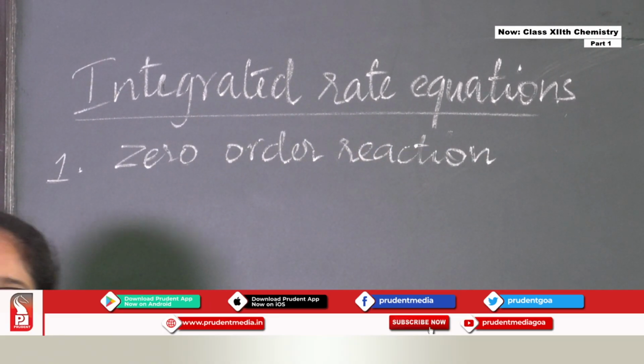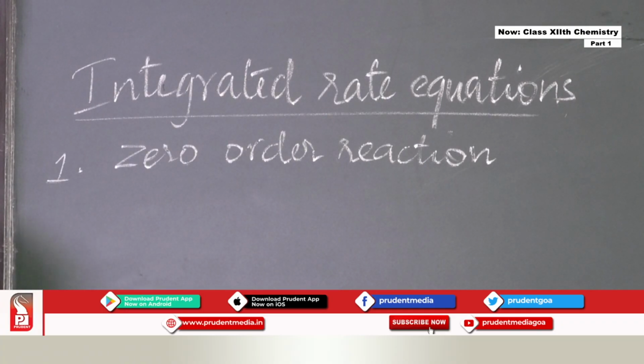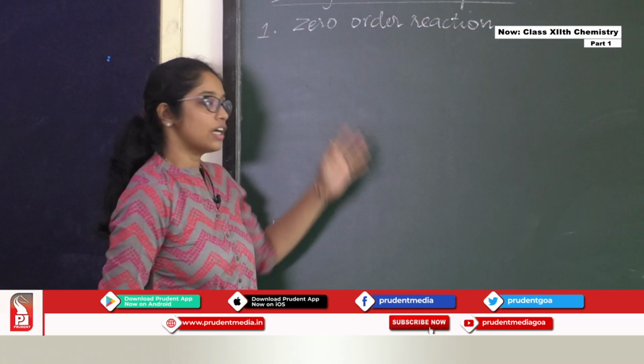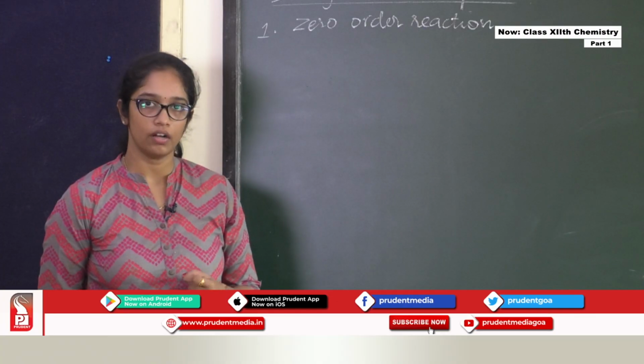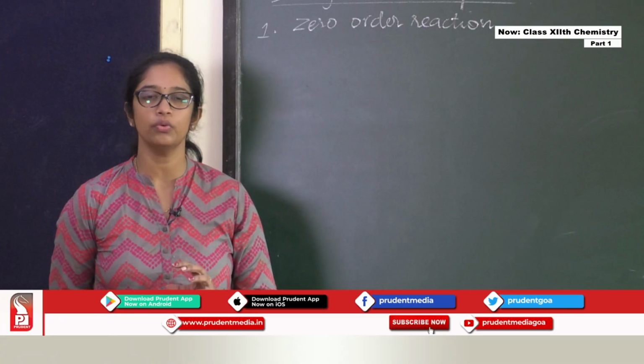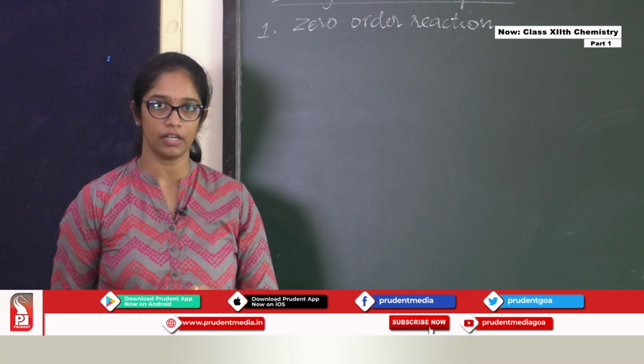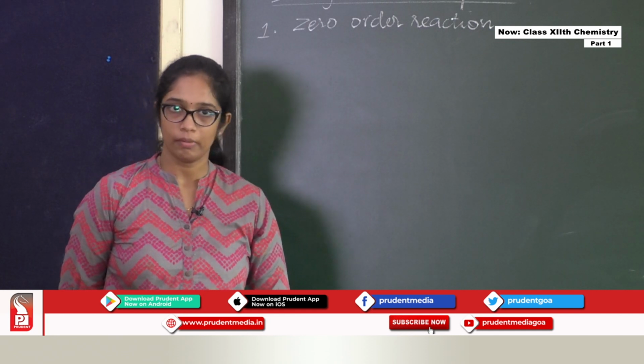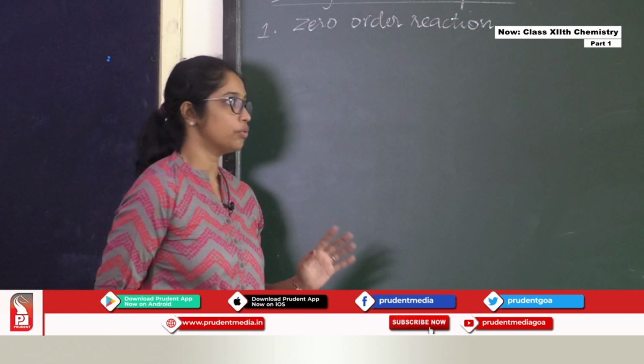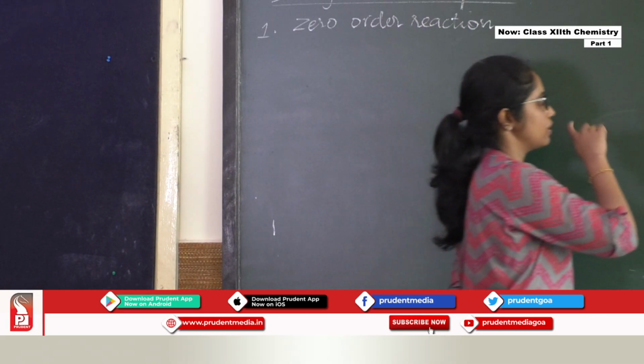First we are going to derive an integrated rate equation for a 0 order reaction. Before we start with the derivation, you have to know a few formulas in mathematics. Even if you are not a math student, you should know the formulas that we are going to use in the derivation.